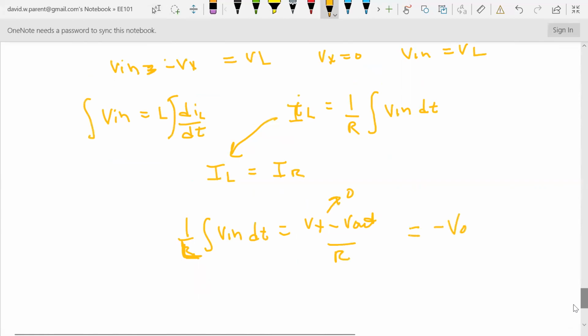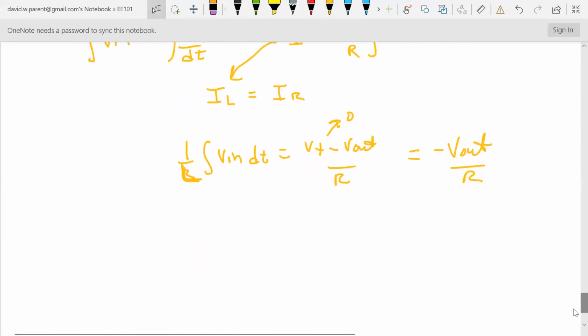So it was minus V out over R. And so now solve for V out of t equals minus R over L integral dt.